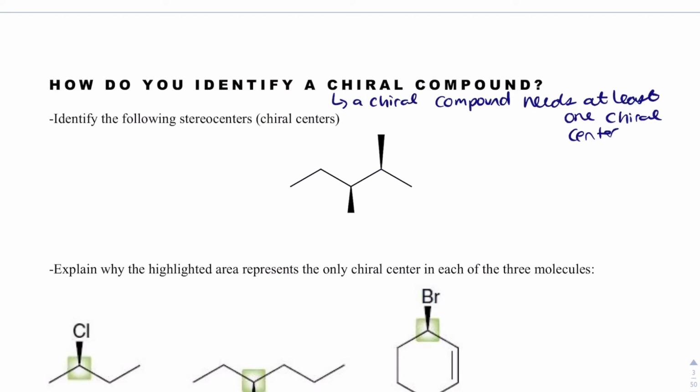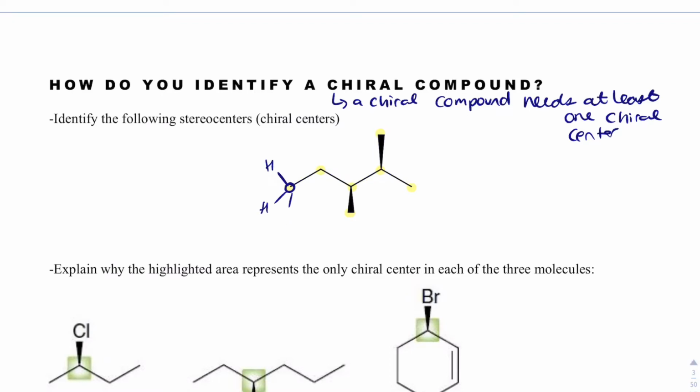Okay, so what I want to do is mark each of these carbons, and we're going to look at them and ask ourselves, does that carbon have 4 different groups? So on this first carbon, does that carbon have 4 different groups bonded to it? It has this group, whatever you want to call this group coming off of it, and then it's got 3 hydrogens.